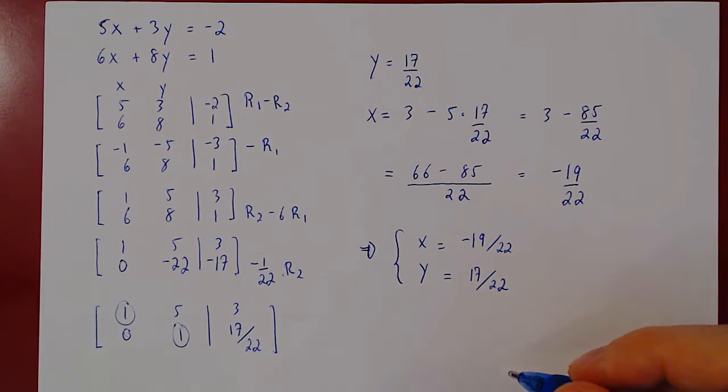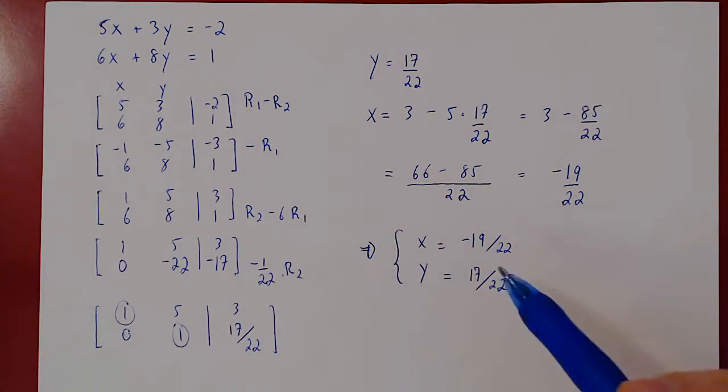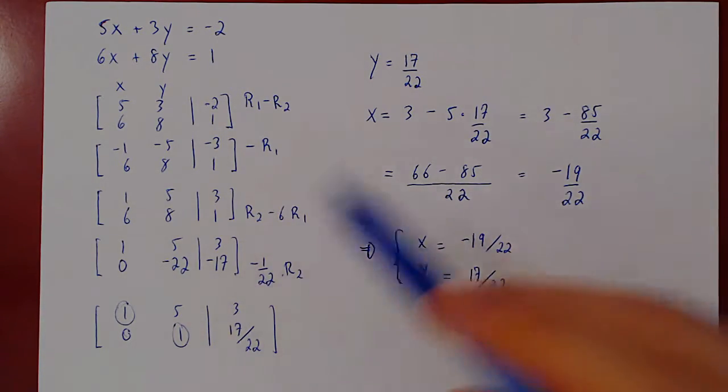Okay, so we have just solved this 2 by 2 linear system using the old method of row reduction.